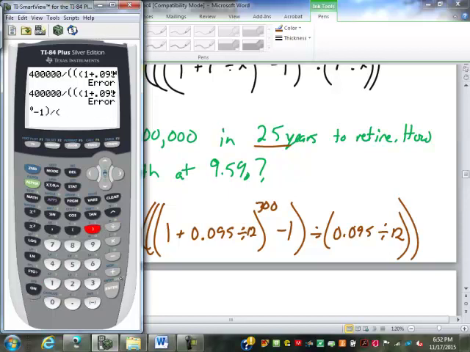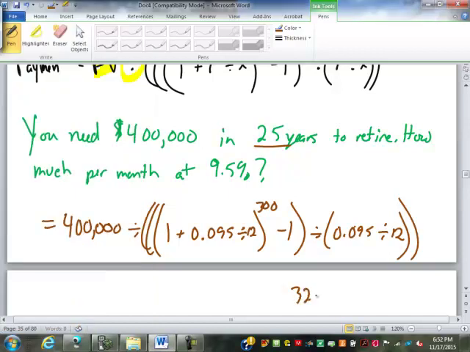Close. Close. Hey, we got an answer. $328.12. So to have $400,000 in 25 years at that interest rate, we have to put away $328 per month. What do you think? Other than my calculator typing skills are pretty poor tonight.